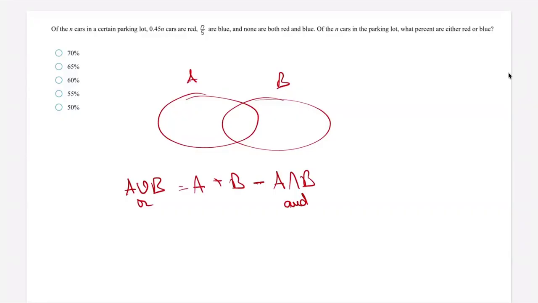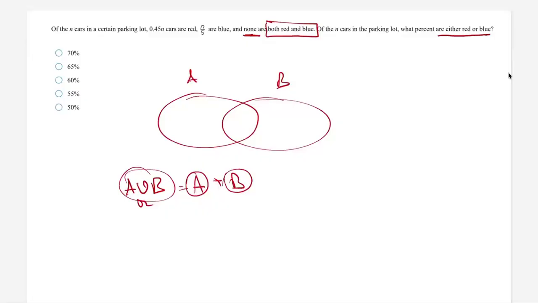But it says there's no intersection. Okay? None are both red and blue. So you don't have this. To find this, just add A and B. 45% of the cars are red.